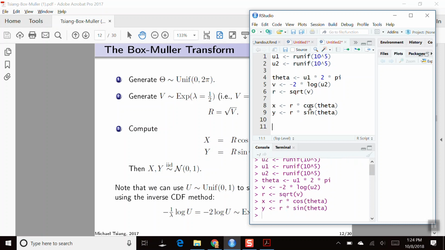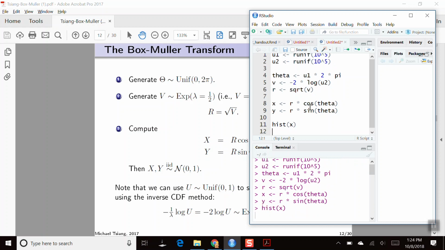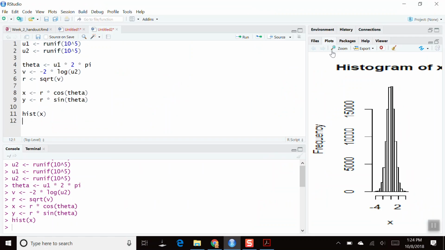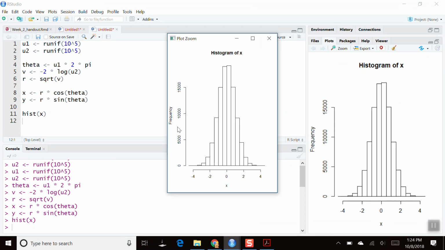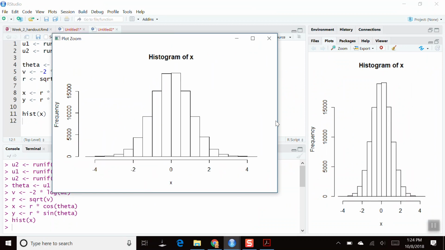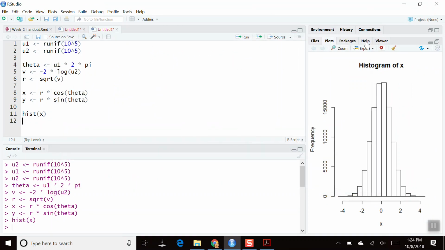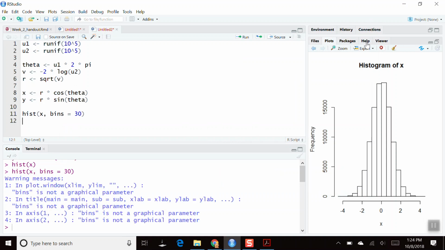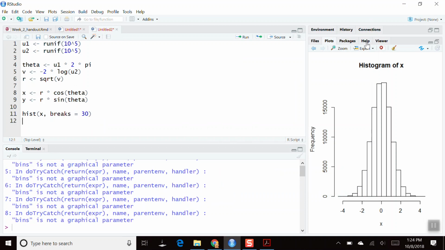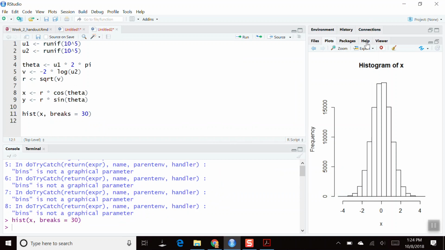Okay, and to kind of demonstrate this, let me just give you a histogram of x. That looks quite normal. I can increase the number of breaks.